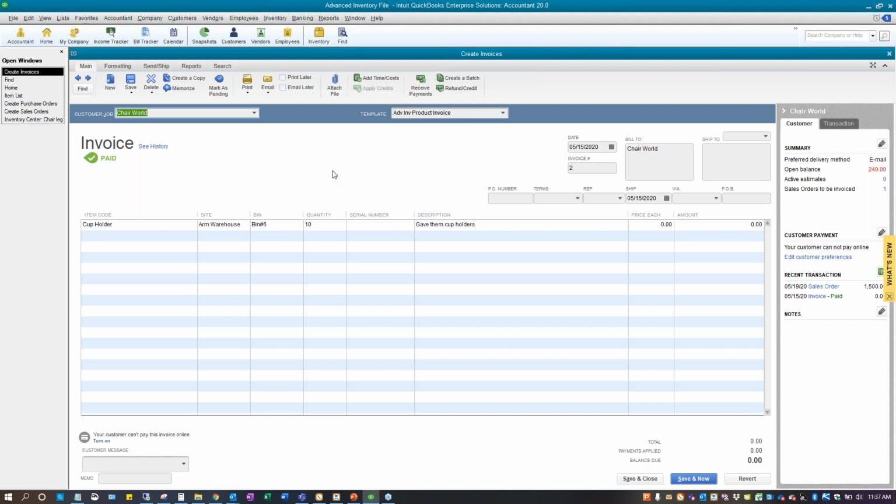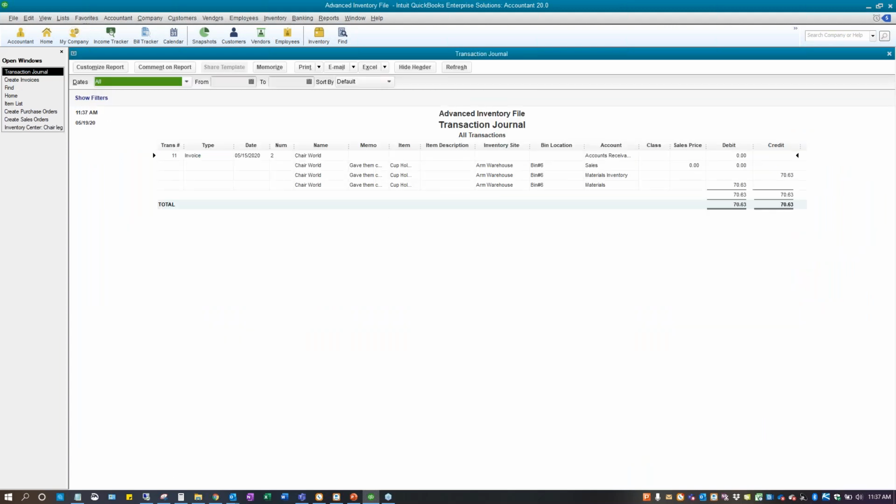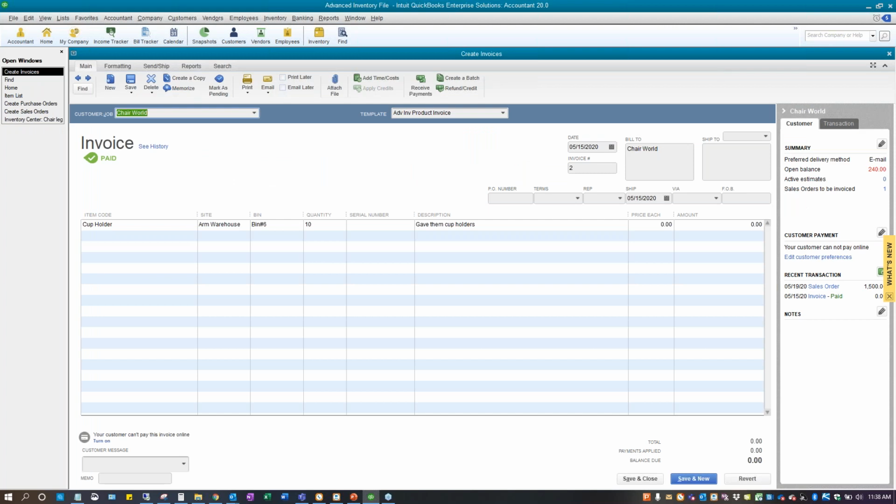So what I did is I did a zero invoice. I'm not getting any revenue for this, but that way I could get this tagged back to the customer, and now I've got a credit against my inventory and my job materials, which is where the cost of these goods were going. So think about your inventory life cycle.